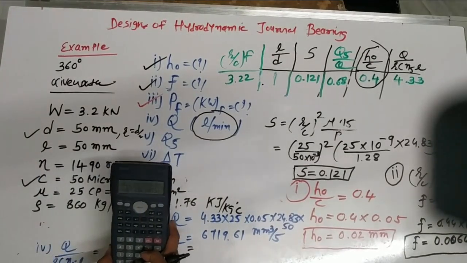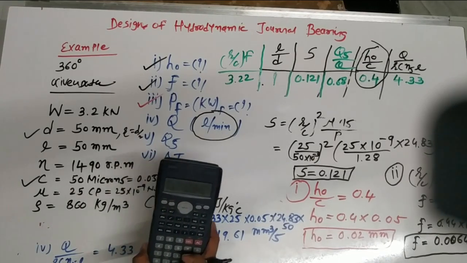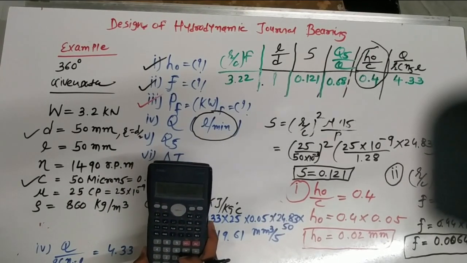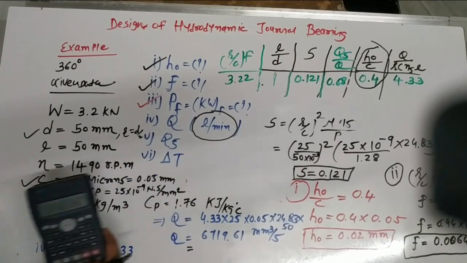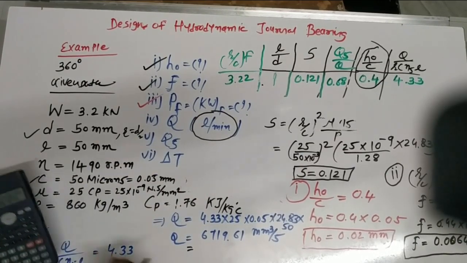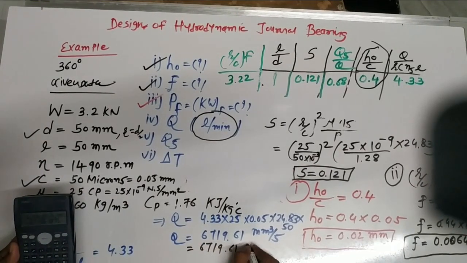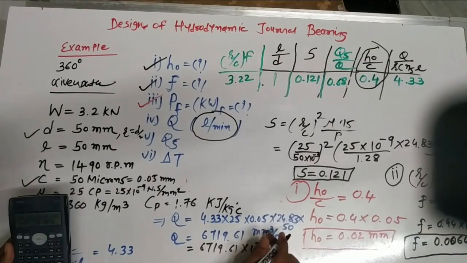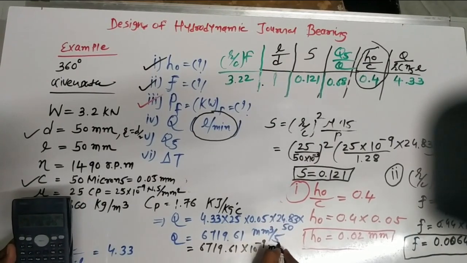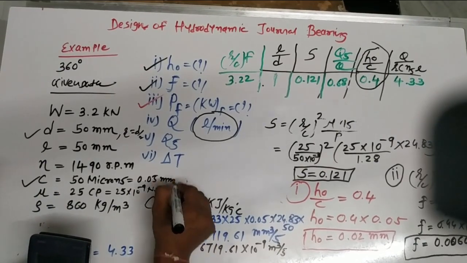We all know mm cube to meter cube. 1 meter is equal to 1000 mm, and since the cube is there, we have 6719.61 into 10 raised to minus 9. So it will become meter cube per second. Now we are interested in liter per minute.